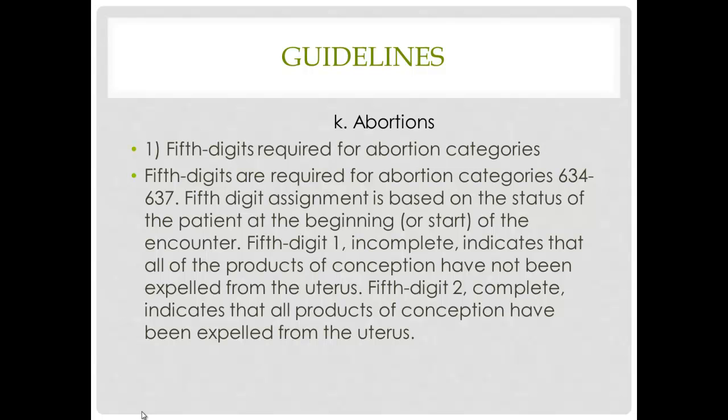And these abortions can be spontaneous or they can be induced. So if you were coding a spontaneous abortion, it would come from category 634. And a spontaneous abortion, in common language, is called a miscarriage.